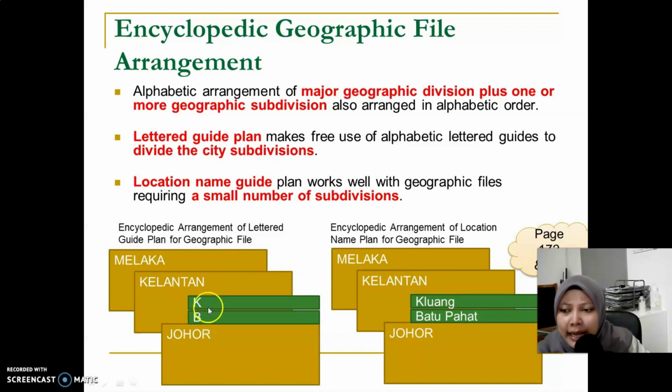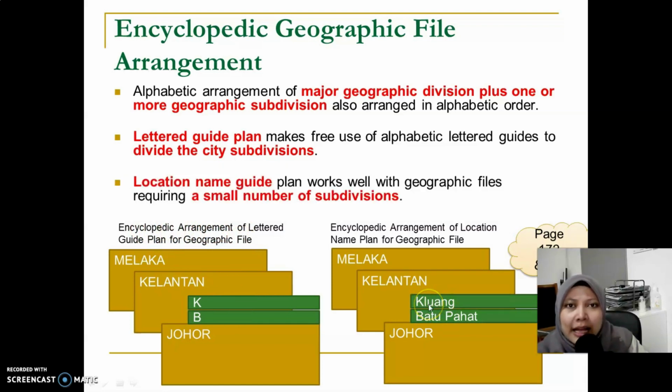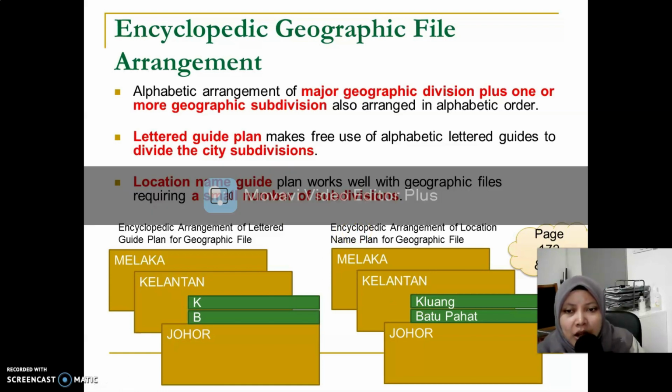Here we are using the letter, that's why we call it the lettered guide plan for the encyclopedic geographic file. While here, since we are using the name of the location, or geographic name, on the guide, we call it the encyclopedic arrangement of the location name plan for the geographic file. So I hope that you can see the difference between these two.